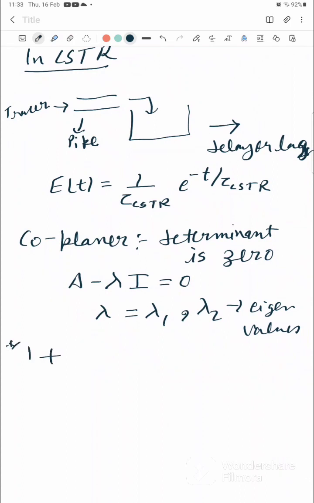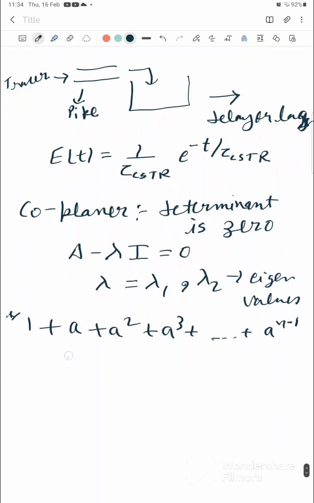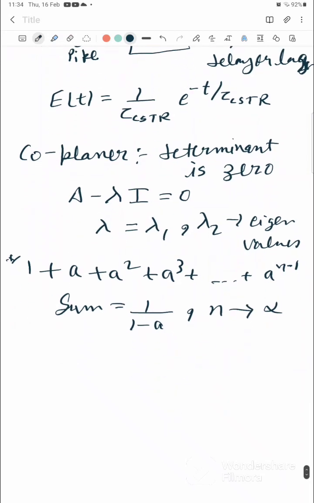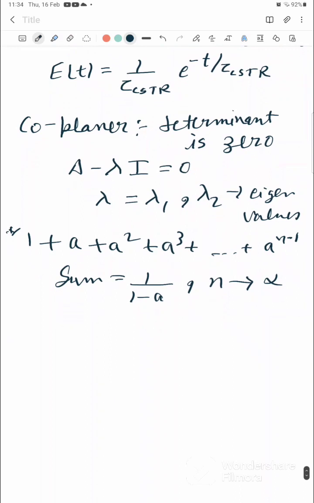Let's suppose we have a series 1 plus a, a squared, a cubed, up to a to the n minus 1. The sum is equal to 1 by (1 minus a) as n tends to infinity.